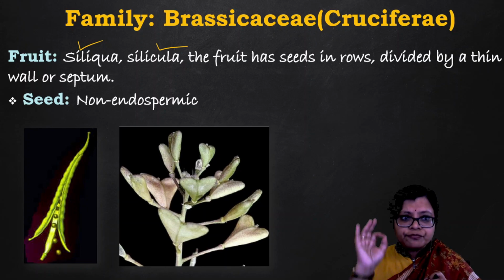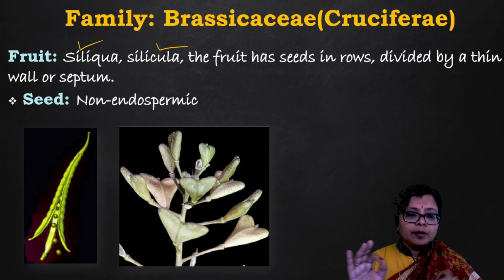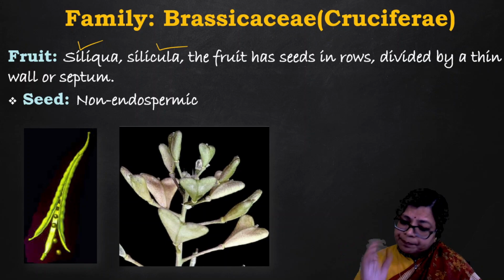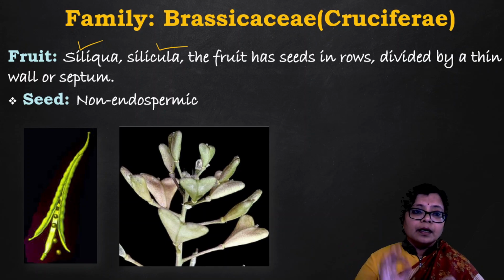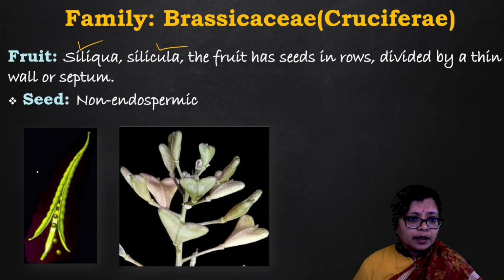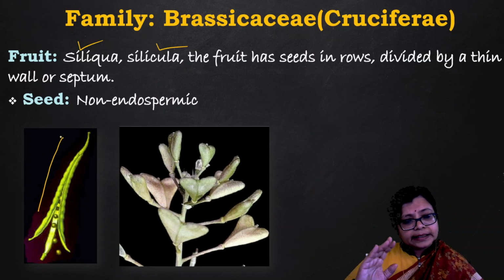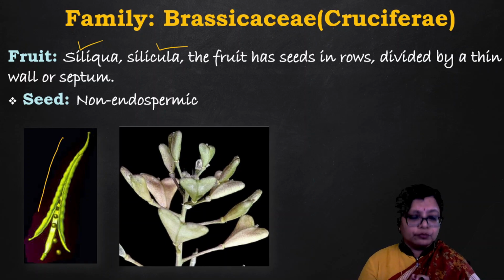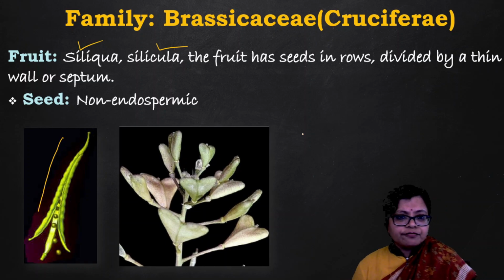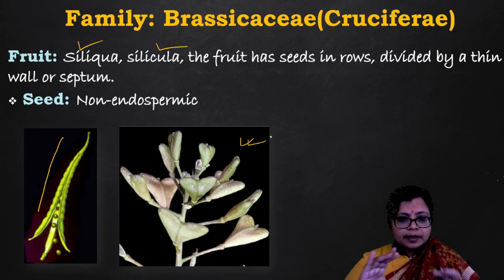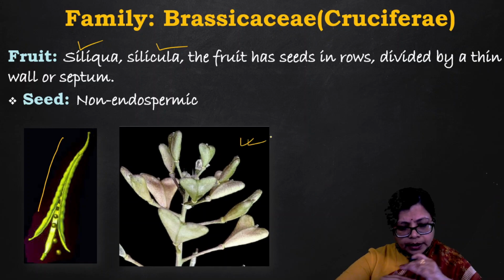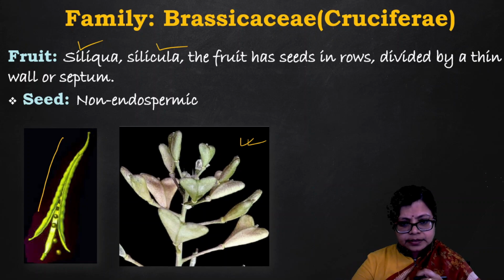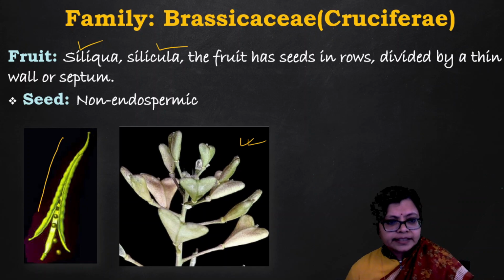In both the cases, false septum is also present. In case of siliqua, the length of the fruit is at least 3 times longer than the width of the fruit. In case of silicula, the length is shorter and the width is more. That is the difference.